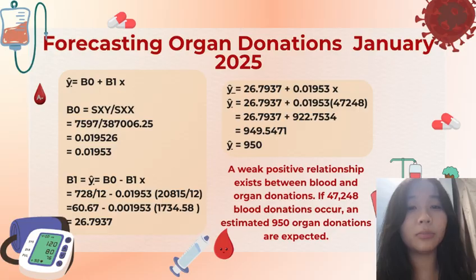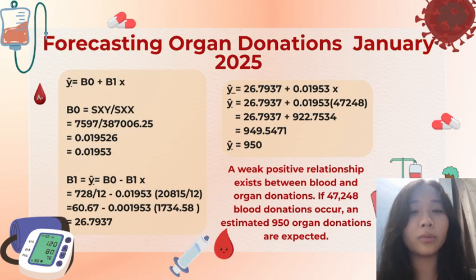Then we apply the formula B0 equals 60.67 minus in brackets 0.01953 times 1734.58, and the answer will be 26.7937. Now we plug both values into the regression equation, which is y equals 26.7937 plus 0.01953x.